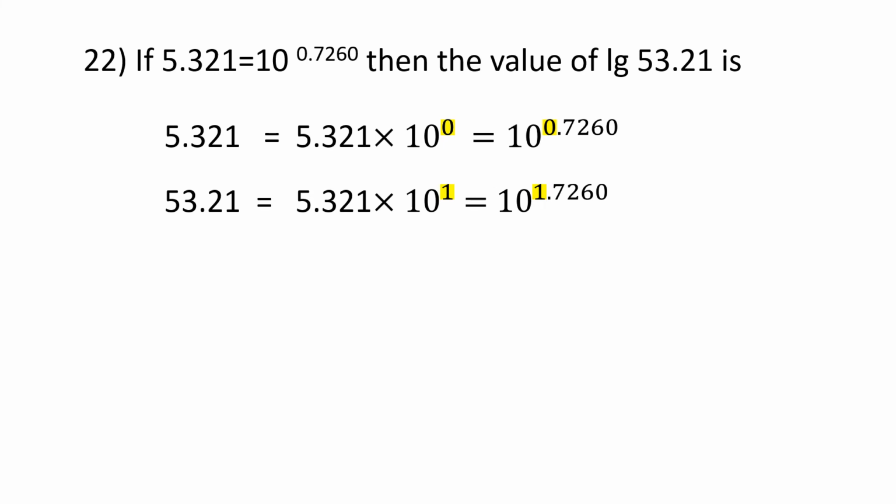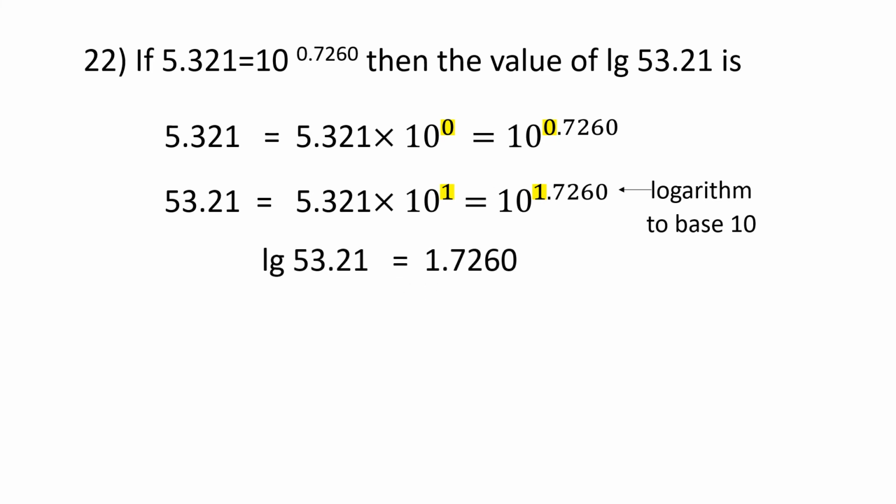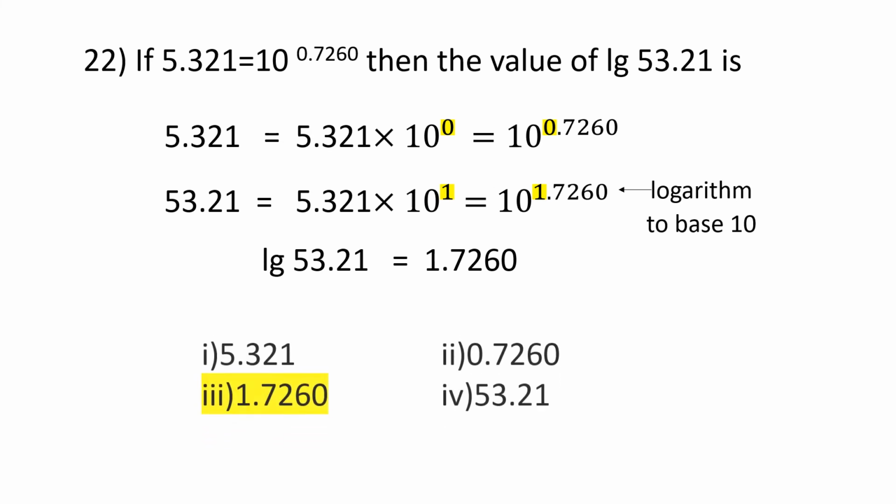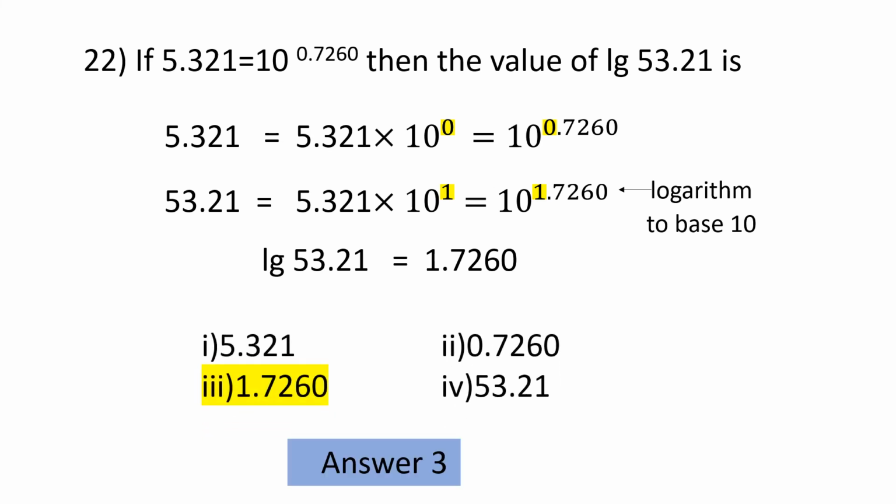The logarithm of a number to the base 10 means the index when it is written as a power of 10. So lg 53.21 is equal to 1.7260. From the given four answers, answer 3 is the correct one, 1.7260.